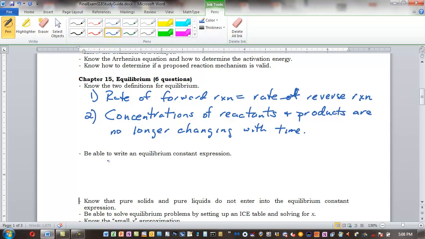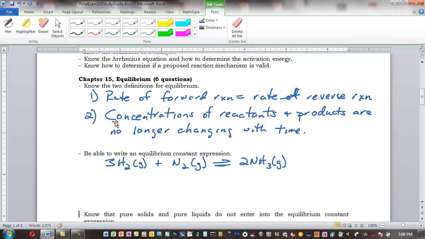if we had something like, and I keep going back to this reaction, but it has good coefficients, we could write a Kc expression. And what does that C stand for? Concentration, molarity.